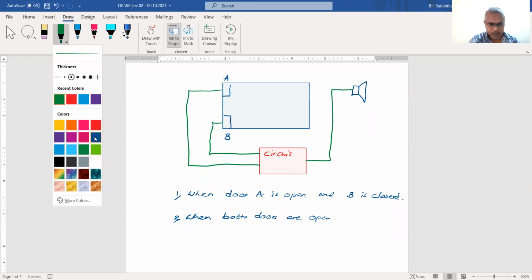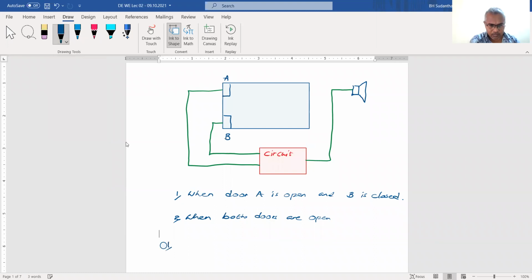The first step of our standard designing procedure: draw a block diagram showing all input and output lines.